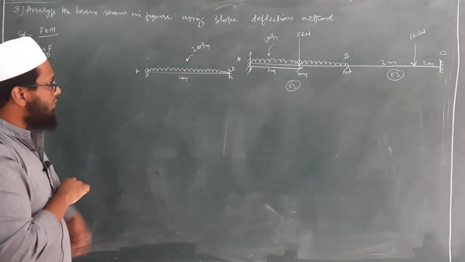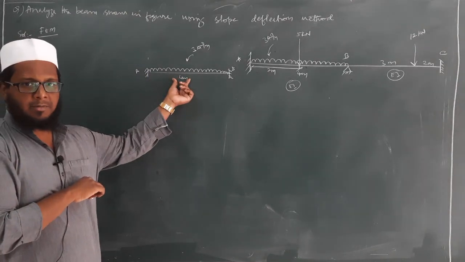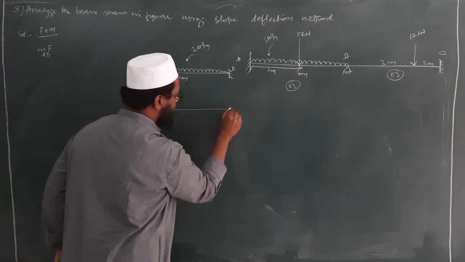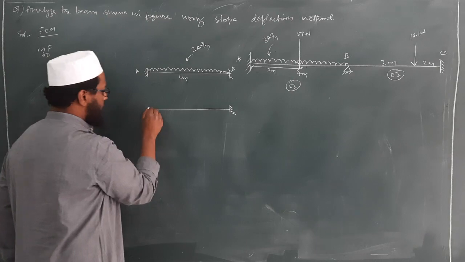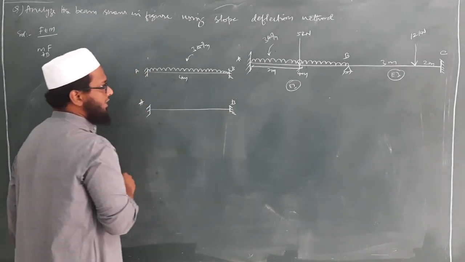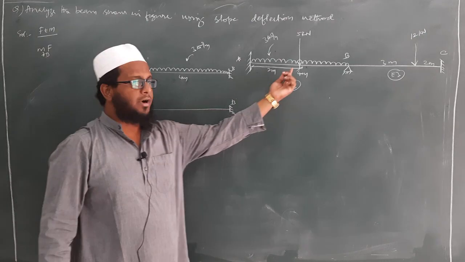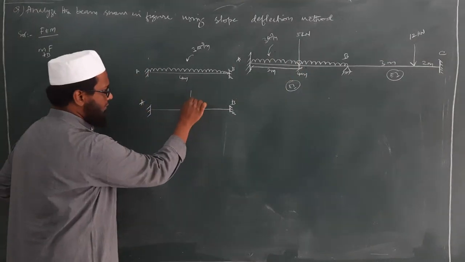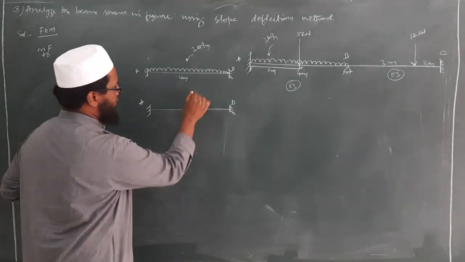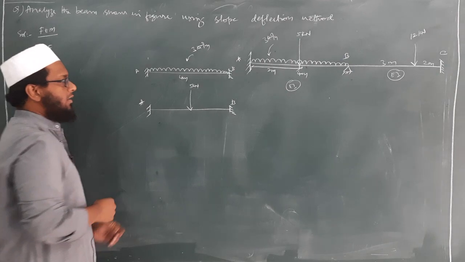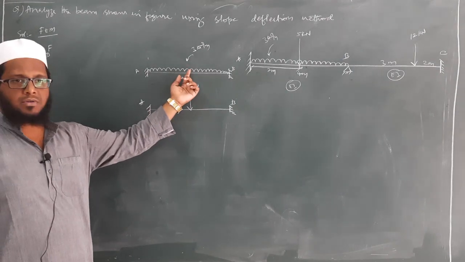So first step we will take up UDL. In the next step we will take point load. This is A, this is B. Where is the point load? Point load is acting exactly at the center of the beam, isn't it? So this is your point load of 5 kilonewton. Now what will happen due to this UDL?